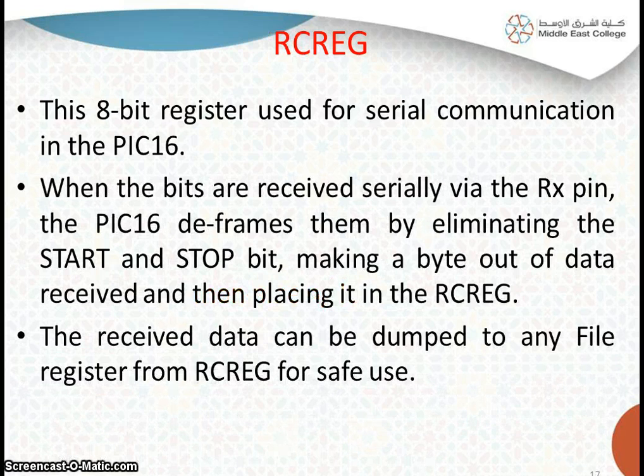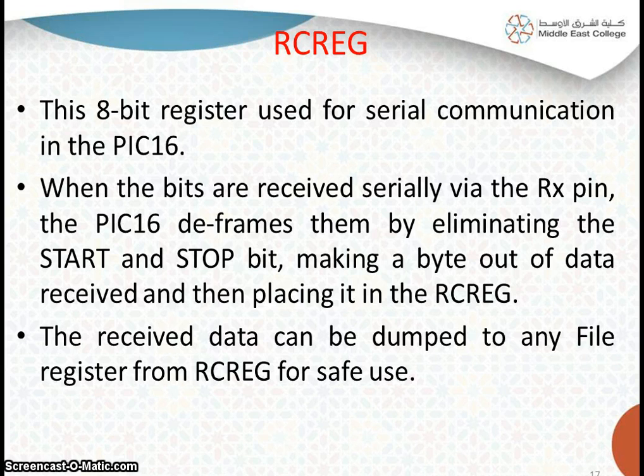The next register is RCREG. This is also an 8-bit register. When the bits are received serially via the RX pin, we have to eliminate the additional bits like the start and stop bit.